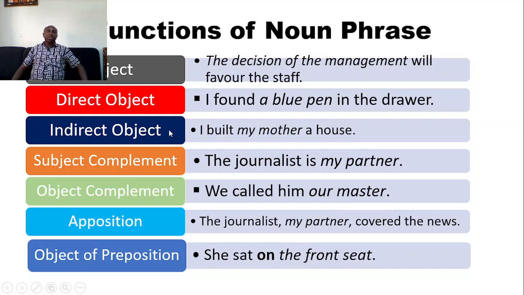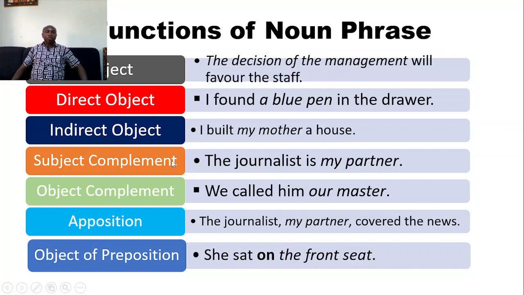Indirect objects benefit from the direct objects. They perform a beneficiary function. In the example here, I built my mother a house. What did I build? A house, which is the direct object. Who benefited from the house? My mother. Therefore, my mother is the indirect object.